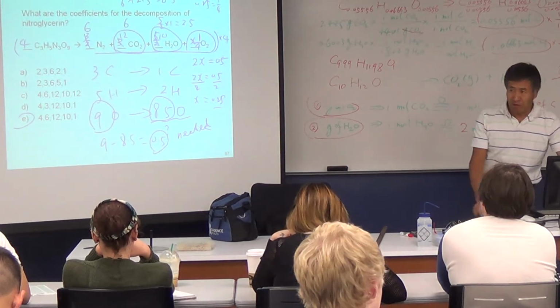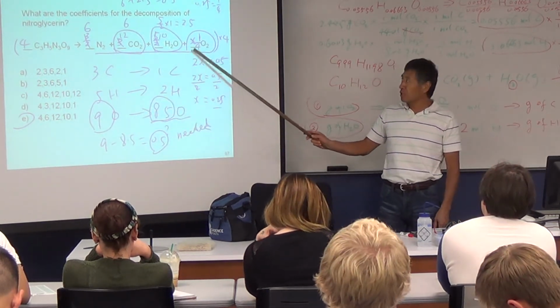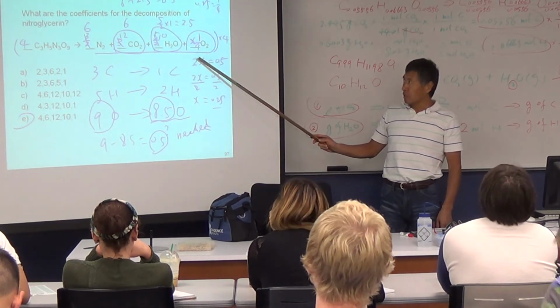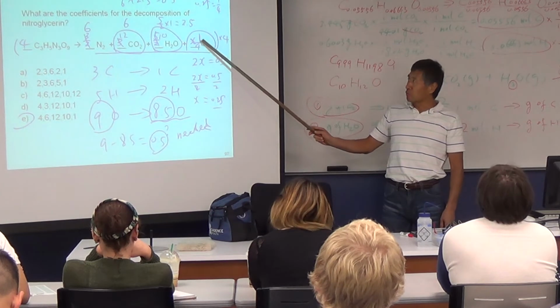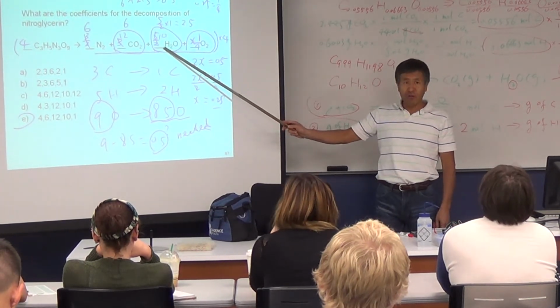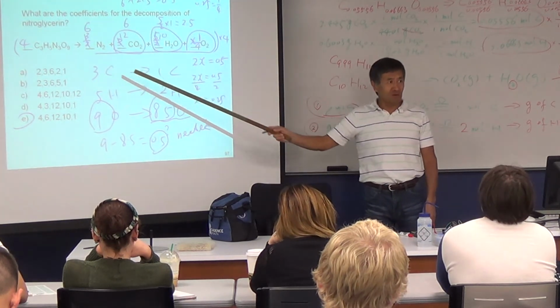Once you use 1/4, remember we find the numbers by taking the coefficient 1/4 times the subscript. So 1/4 times 2 is 1/2. 1/2 plus 2/2 is 3. 3 plus 6 is 9. That gives you the same numbers.